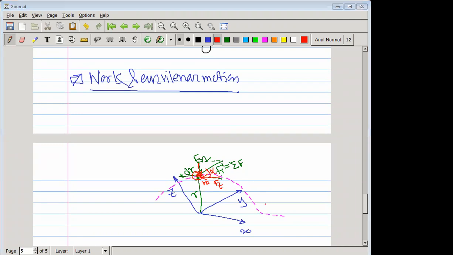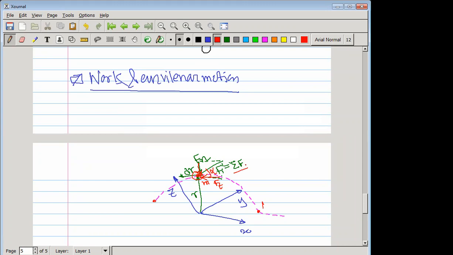So if this particle moves, suppose from this point, we consider this one as 1 and this one as 2, how do we find the amount of work done by that particle? To do that, first we have to consider the work done on a particle of mass m moving along a curved path under the action of the summation of all the resultant forces which acted on that particle.